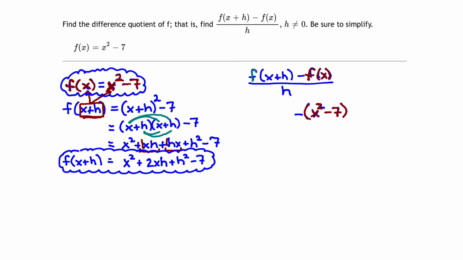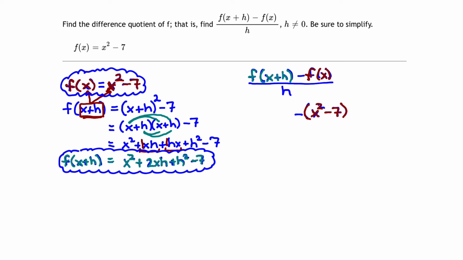Now, f of x plus h. This was the thing that we worked out where we had to FOIL. F of x plus h, what is that equal to? Well, if we look down here, that is equal to x squared plus 2xh plus h squared minus 7.